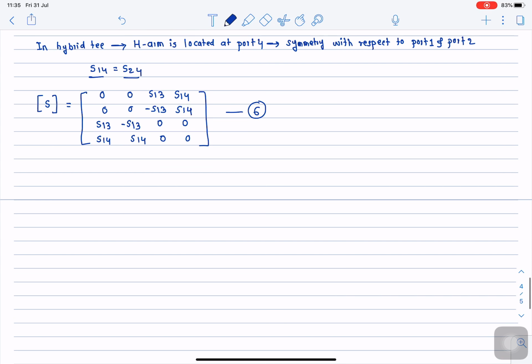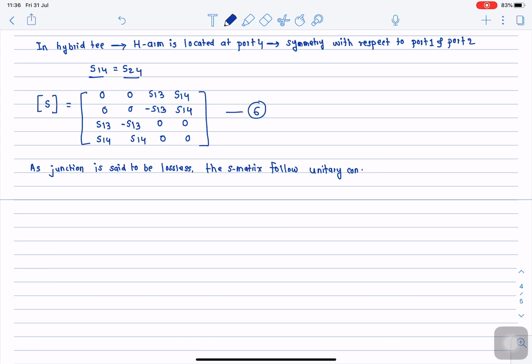As the junction is said to be lossless, the S matrix will follow the unitary conditions.